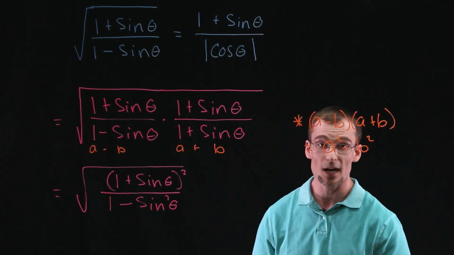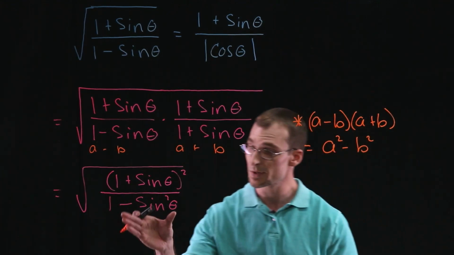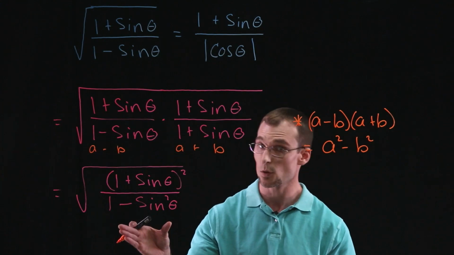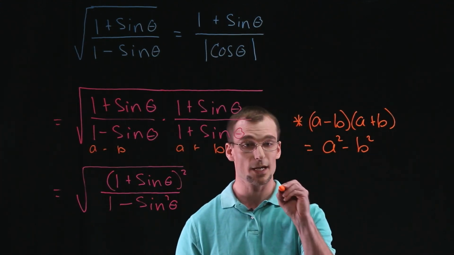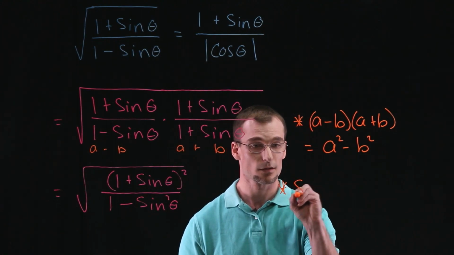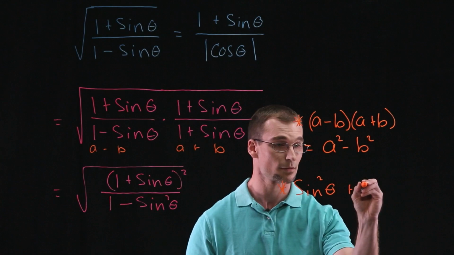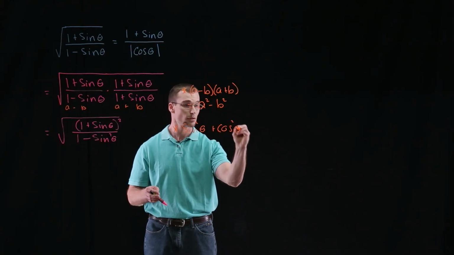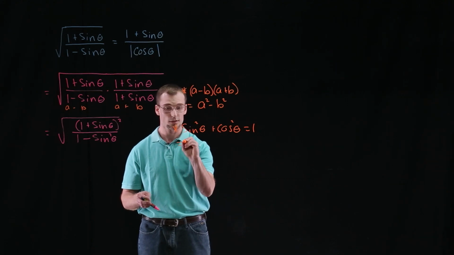We see 1 minus sine squared theta, which in the last section popped up a lot. Whenever we see 1 minus sine squared theta or 1 minus cosine squared theta, what we ended up using was our Pythagorean identity, namely sine squared theta plus cosine squared theta equals 1.